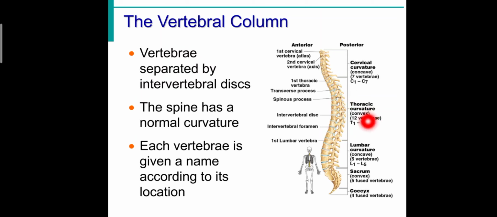Thoracic curvature, convex, 12 vertebrae. Lumbar curvature, concave, 5 vertebrae. Sacrum and coccyx. Coccyx is a fused vertebrae.